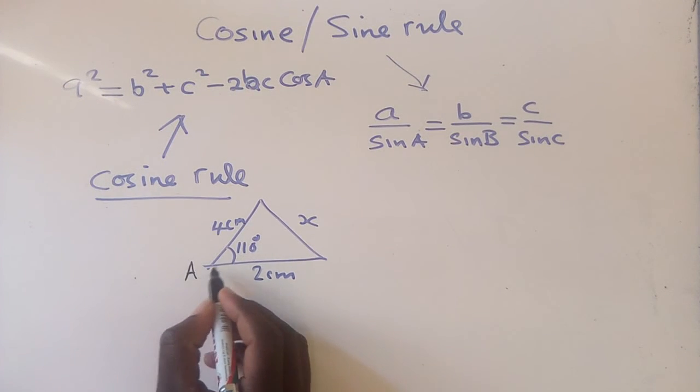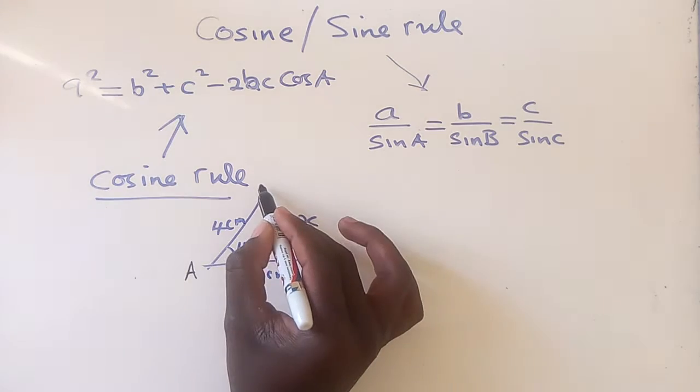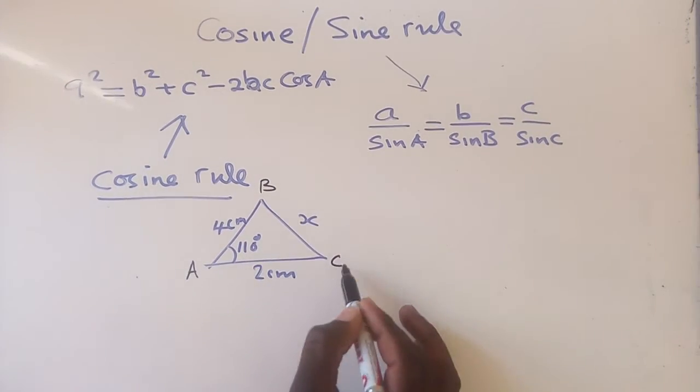I'll say this is my A where the angle is, and this will be my B and C over here.